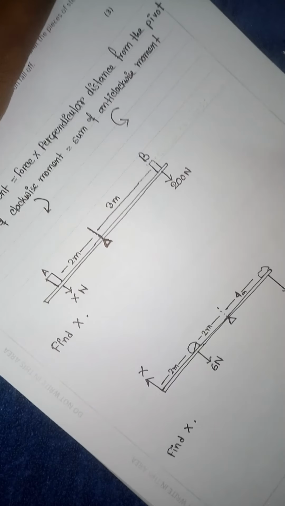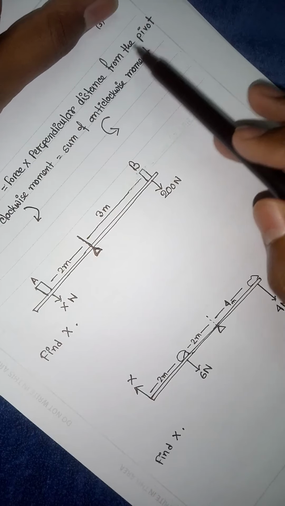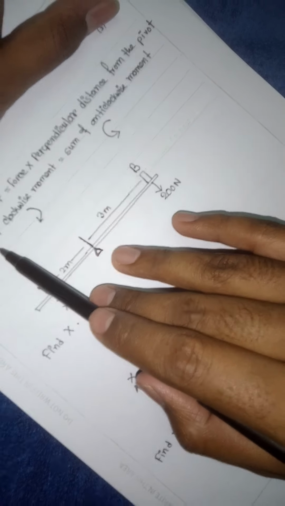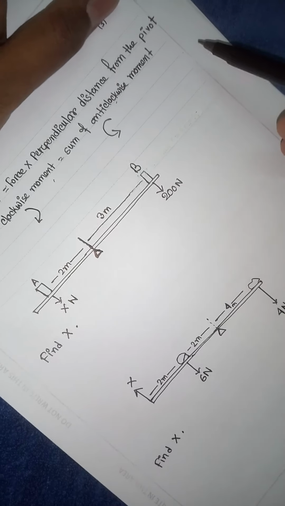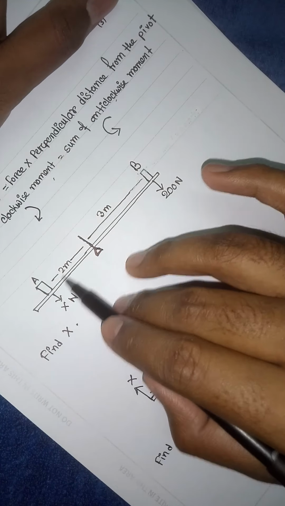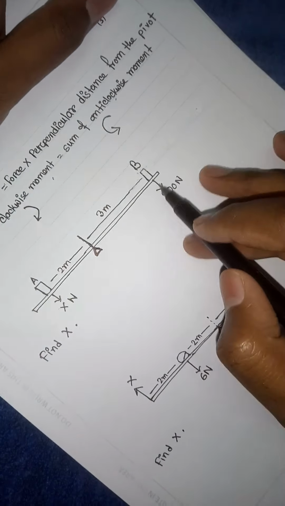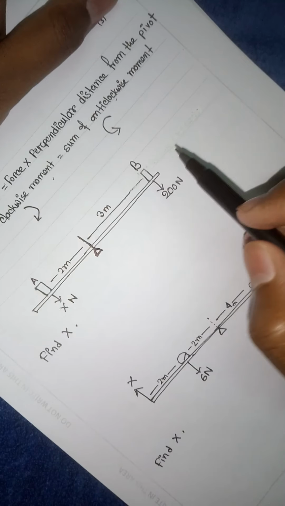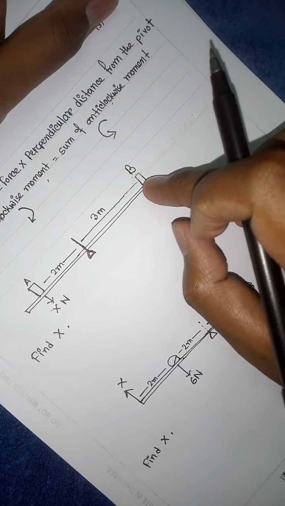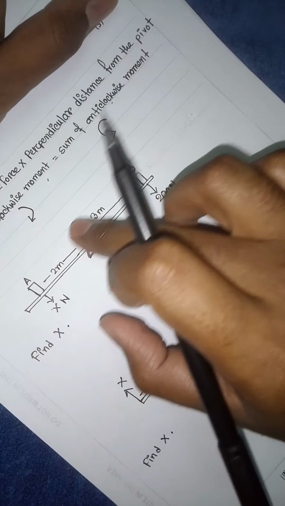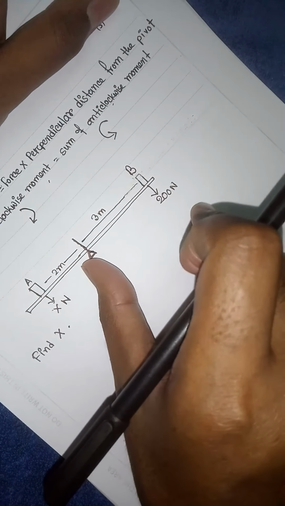So we know moment equals force times perpendicular distance from the pivot, and the principle of moments is the sum of clockwise moments equals the sum of anti-clockwise moments. Here the known force and distance are in this direction. If you pull an object with this force, it will rotate clockwise.